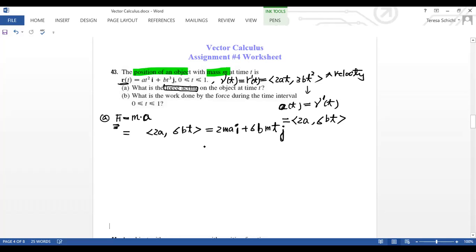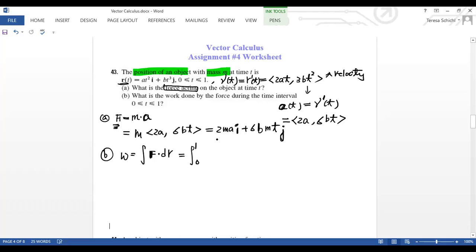Now the second part. They ask, what is the work done by the force during the time interval? The work done will be the force dot product with the path you travel along. So t is from 0 to 1.